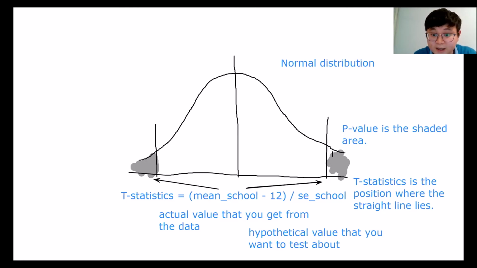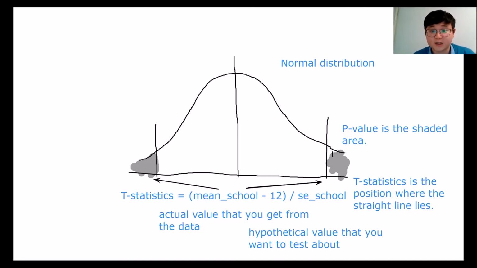So we can see that the t-statistic is 1.77, actually, which is smaller than 1.96. So based on the calculation of this data set, we cannot reject the null hypothesis at the 5% level of significance.